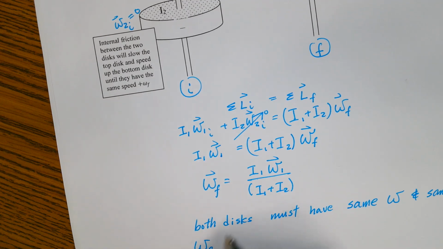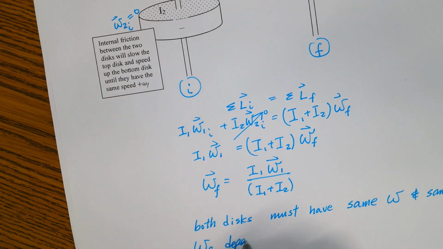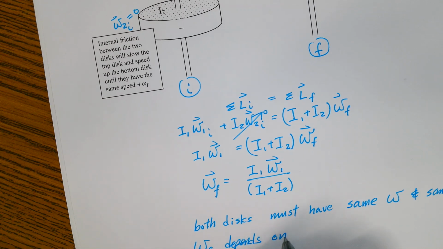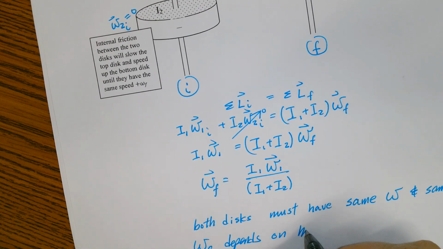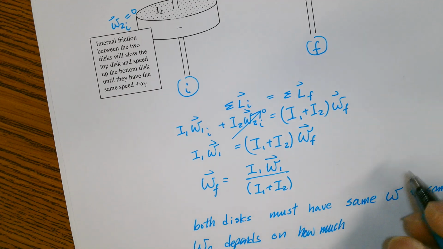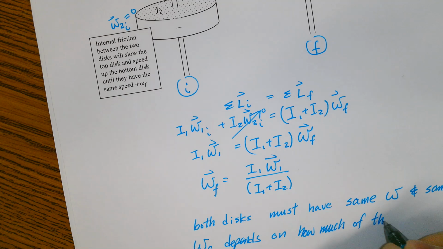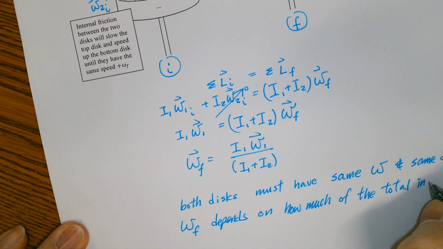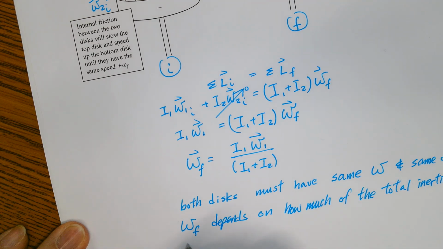Omega final depends on how much of the total inertia is from disk 1.